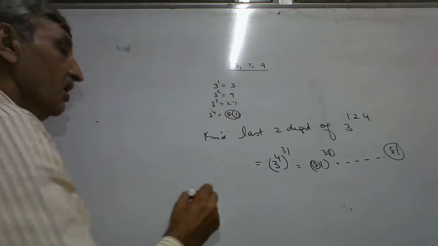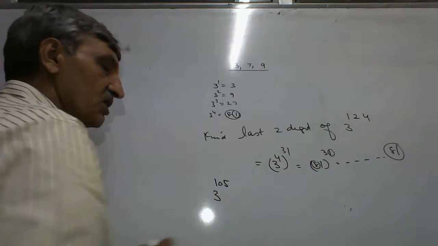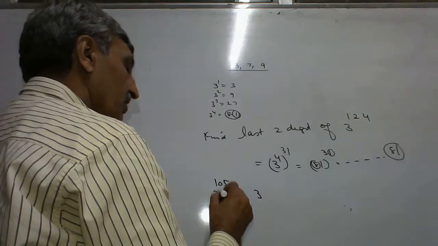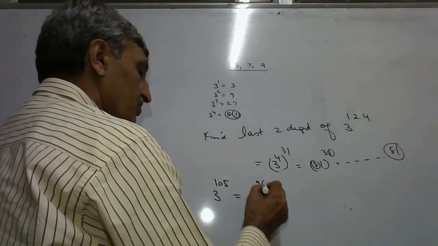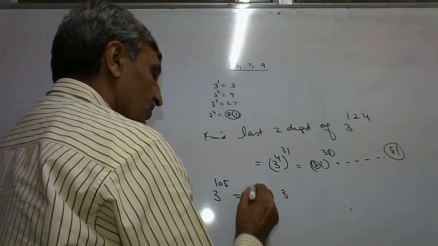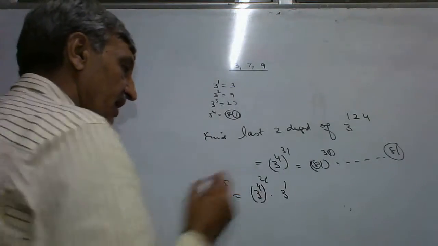Right? Now suppose the example 3 raised to the power 105. What will I do? I divide the power by 4: 3 raised to the power 4 into 26, and 3 raised to the power 1.